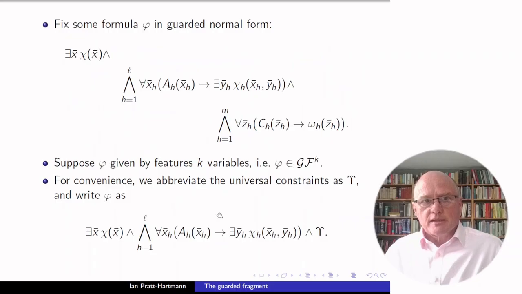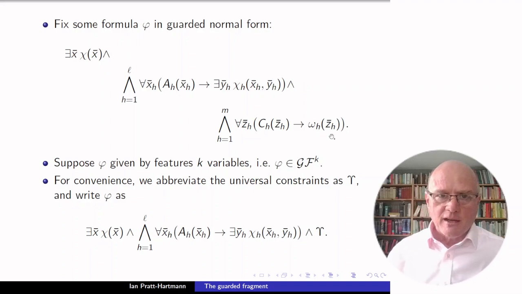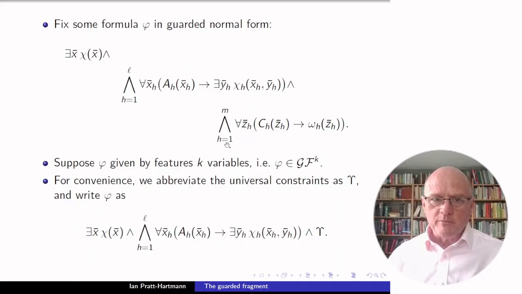Okay, so let's now fix some formula φ in guarded normal form as before. Initial conditions, existential requirements, universal constraints. Because this is rather long to write, I'll abbreviate things, and I won't be talking about universal constraints very much, and I won't really need to get into the details of them.